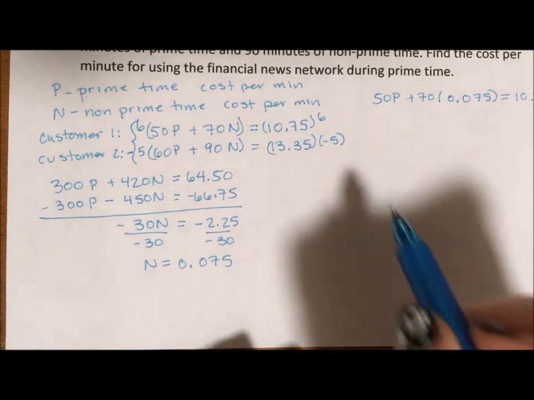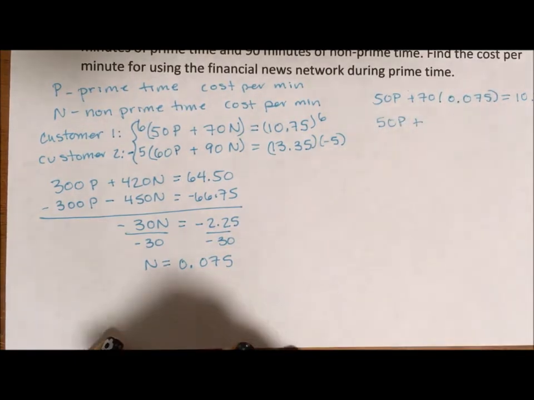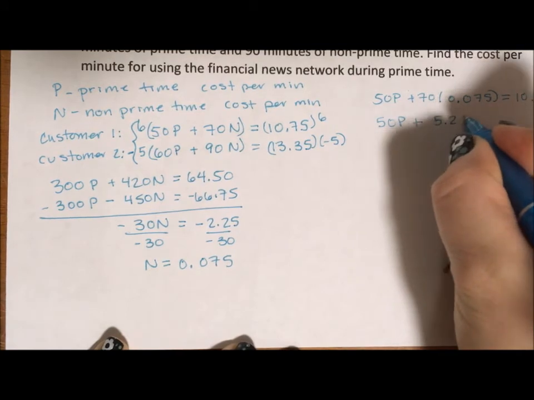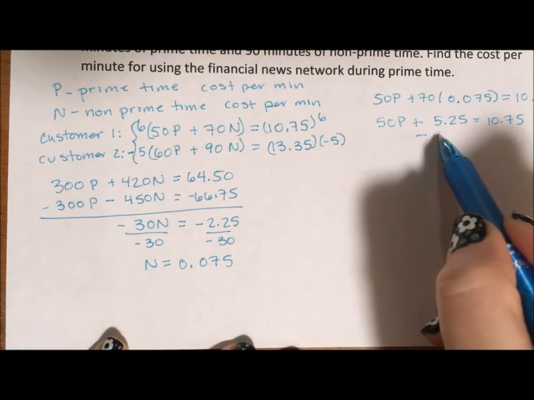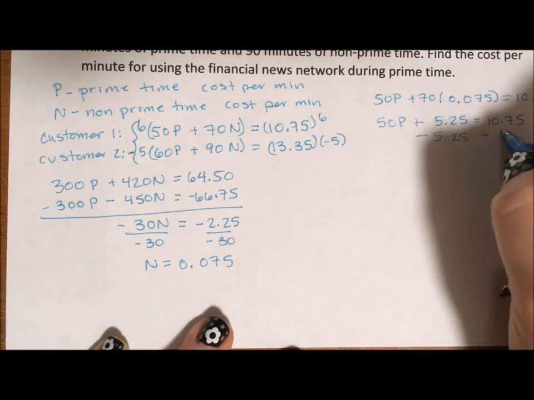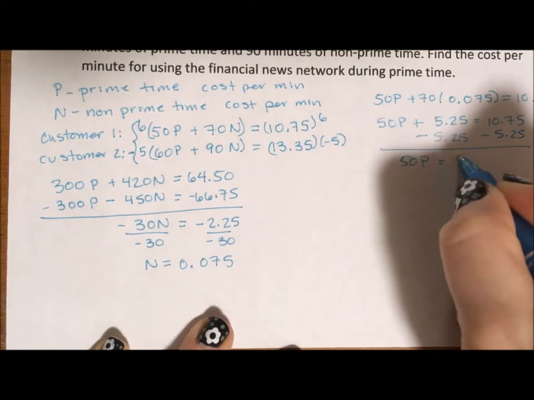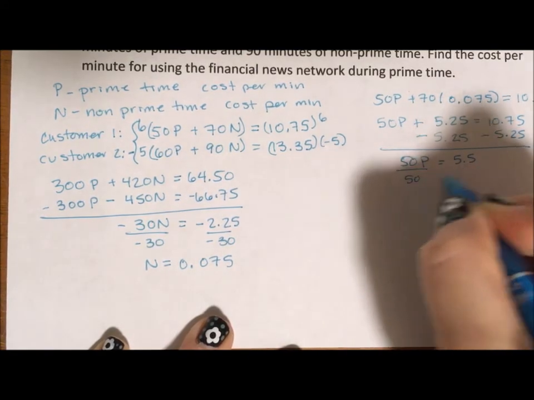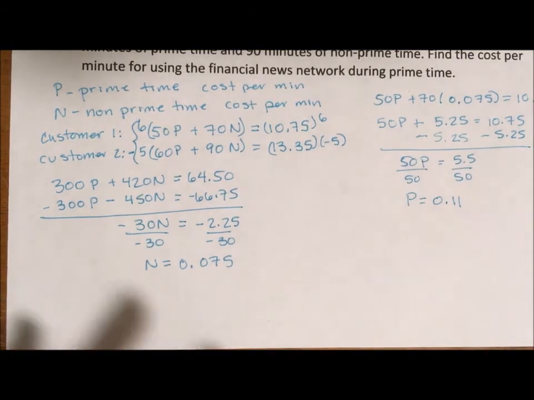All right, so 50P plus 70 times 0.075, which is 5.25, equals 10.75. I'm going to subtract the 5.25 from both sides so that I have 50P is equal to 5.5, divide, and P is equal to 0.11, which means that you're paying 11 cents per minute for prime time.